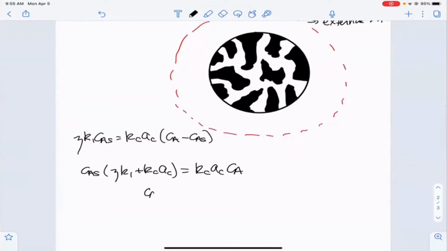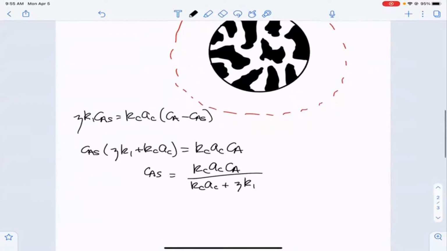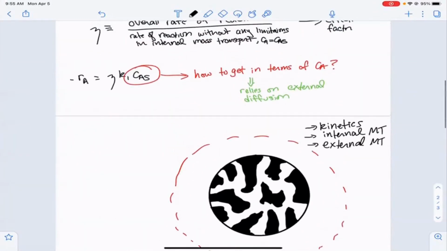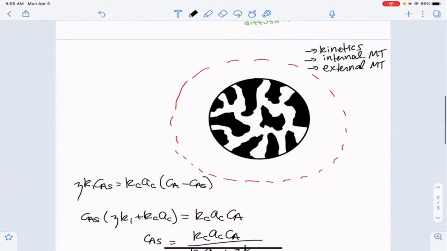And if we solve for CA at the surface, of course, that's just Kc times Ac times CA divided by Kc Ac plus the effectiveness factor times K1. Okay. And so this means that we can write the rate of reaction for A, because remember from up here, RA is the effectiveness factor times K1 times CAS.